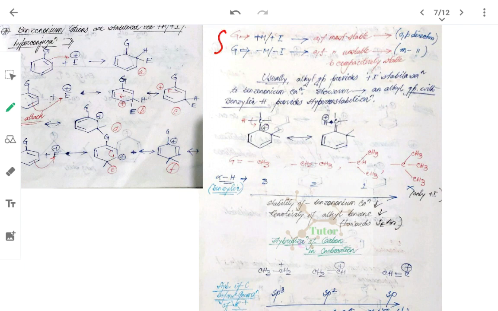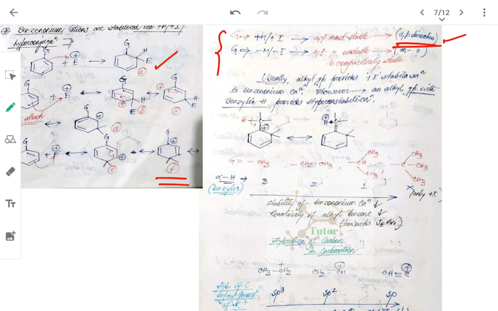If G is plus M or plus I, then A and F are most stable. This is A and this is F. That is, they are ortho-para directors.